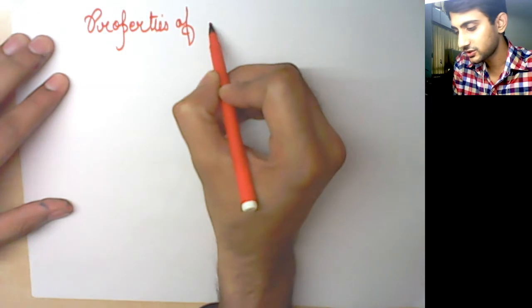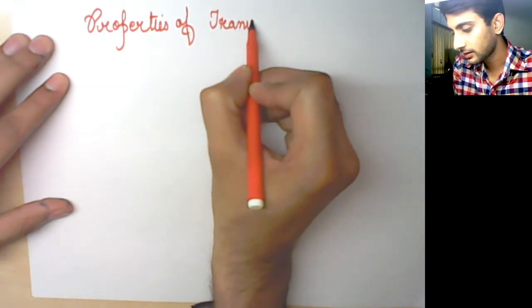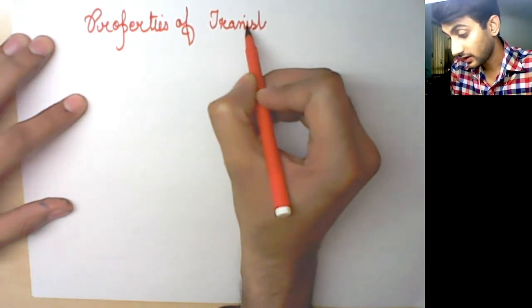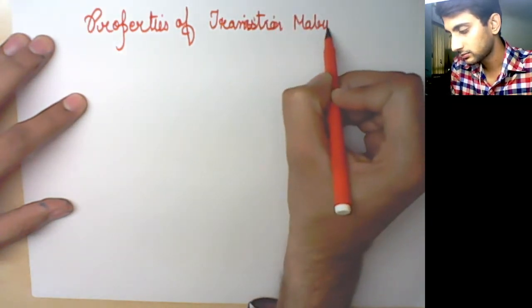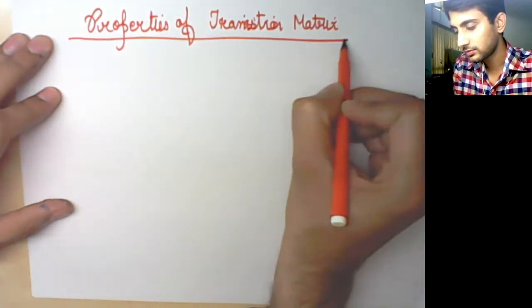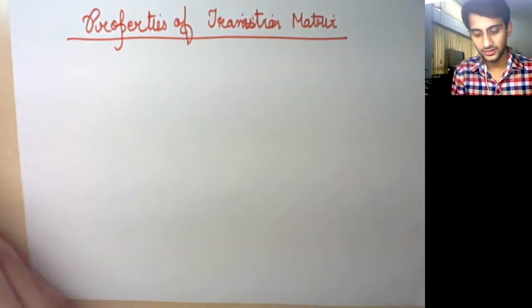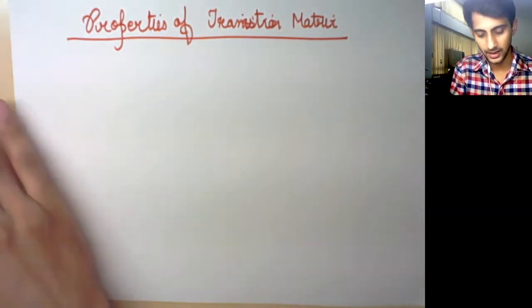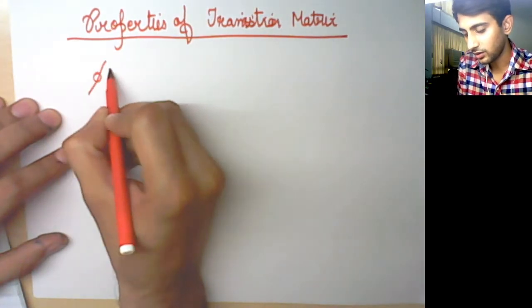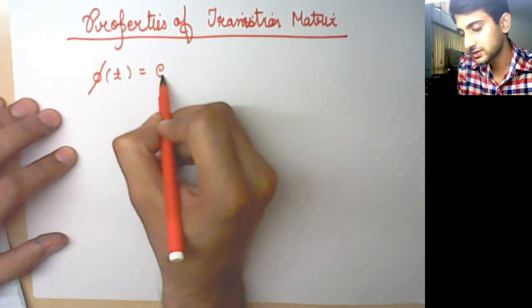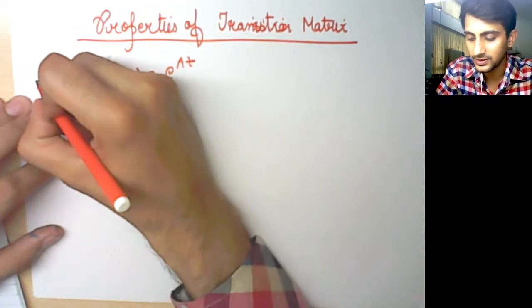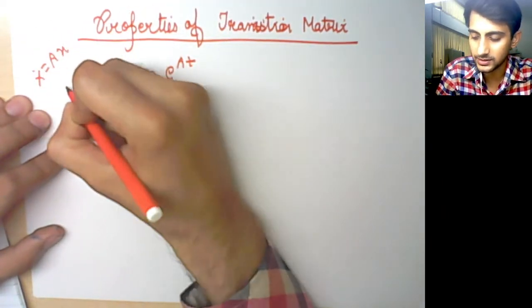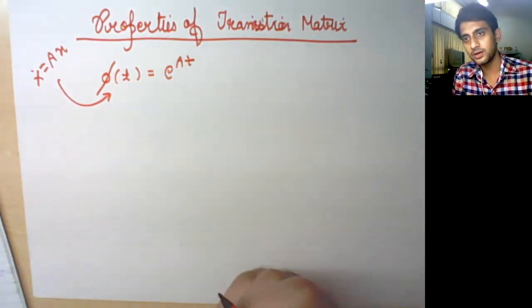Remember that our transition matrix is given by phi of t, and we write it as e to the power At. This is corresponding to a system which is x dot equals Ax. So that's how we get the transition matrix.